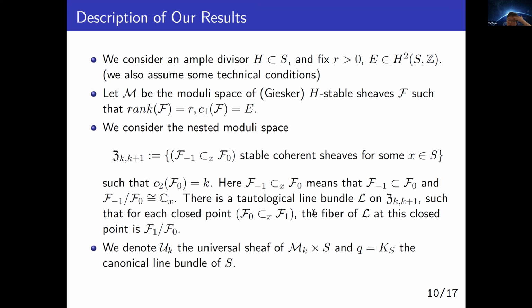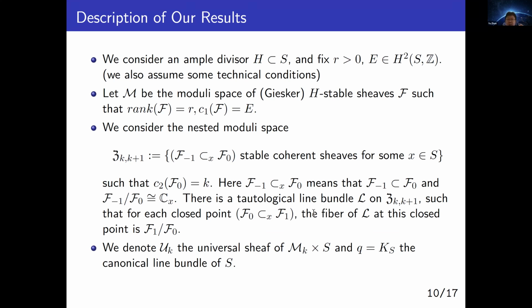For each closed point, we have F-1 and F0, and the quotient we know is a skyscraper sheaf. Then we can glue all those skyscraper sheaves to a line bundle on this nested moduli space. So this is the tautological line bundle L I define here.